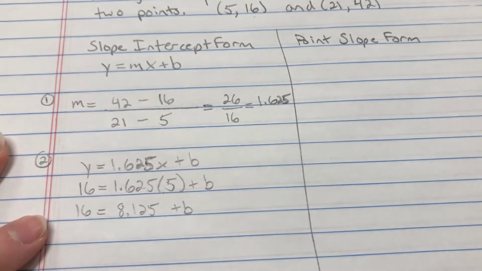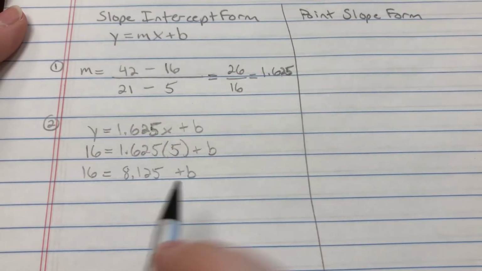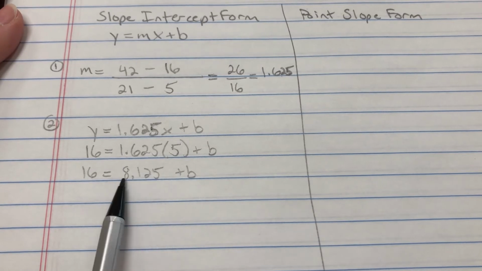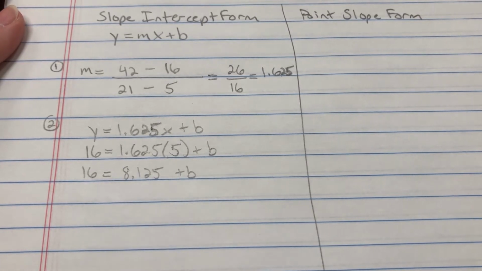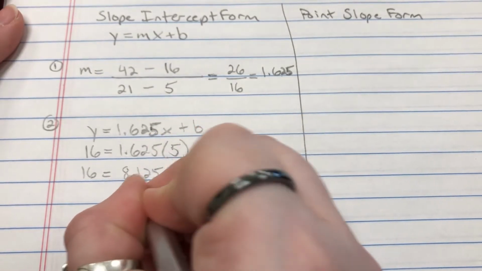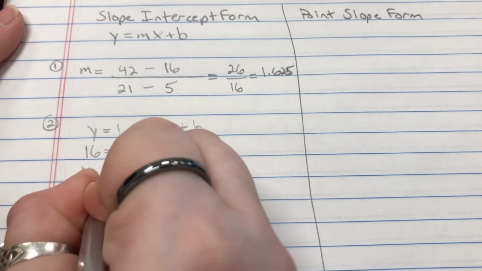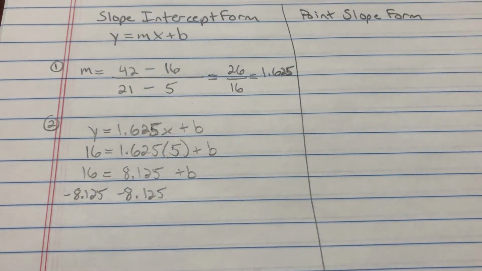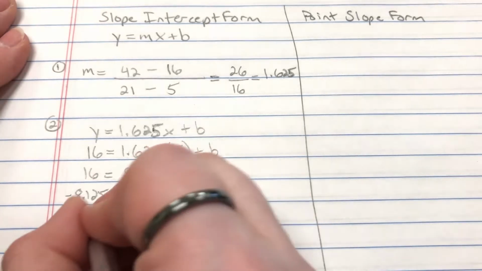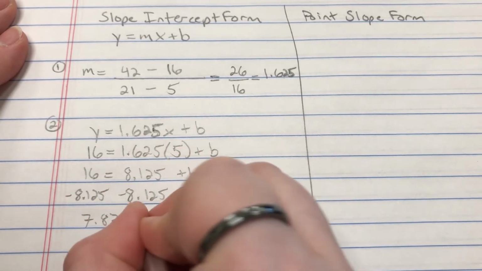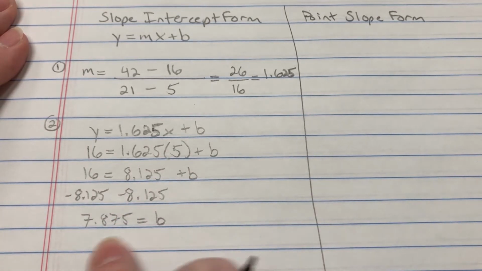And the rest of the equation fills out around it. And in order to isolate b, I need to remove the 8.125. Now this is a positive value. These 2 are being added, so I need to subtract the 8.125 from both sides. So 16 minus 8.125 equals 7.875. That's the y-coordinate of my y-intercept.